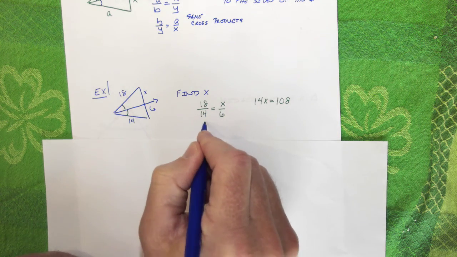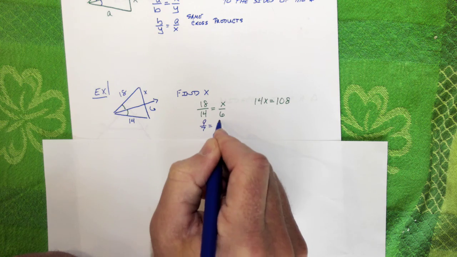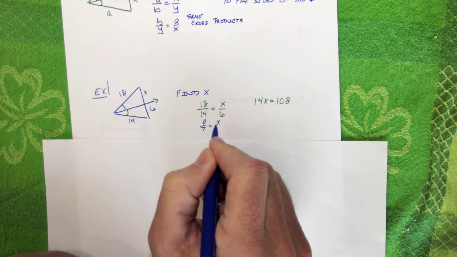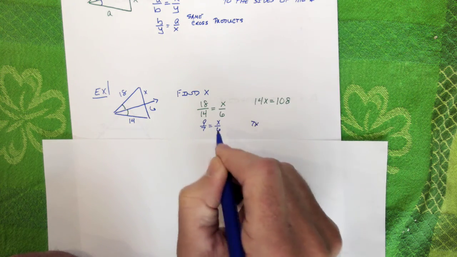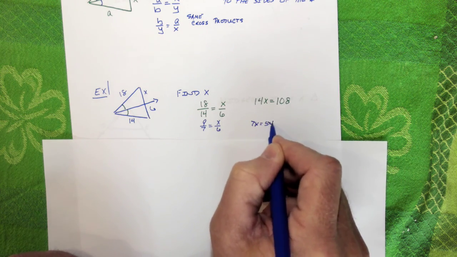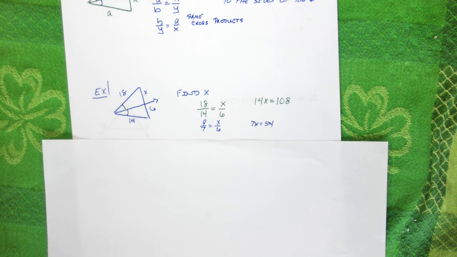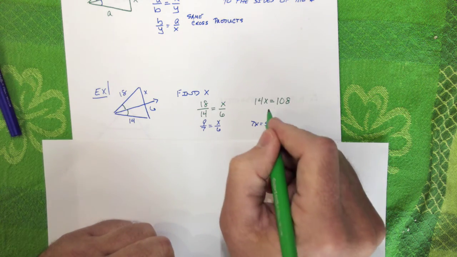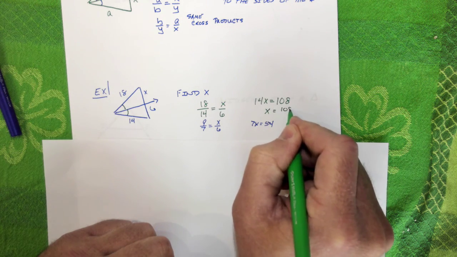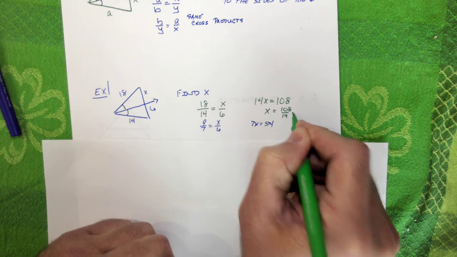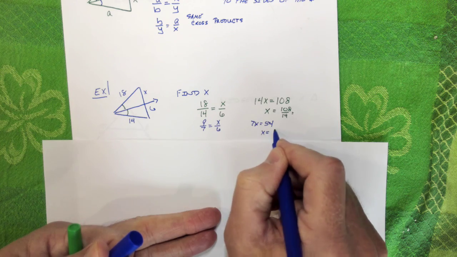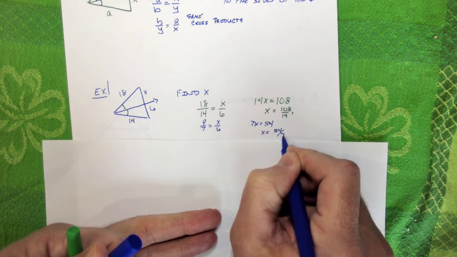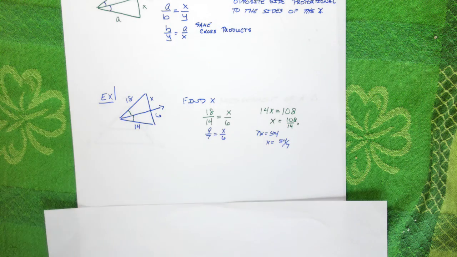And that would give me 9 over 7 equals x over 6. 7x equals 54. Either way you want to do it, both ways are going to work.